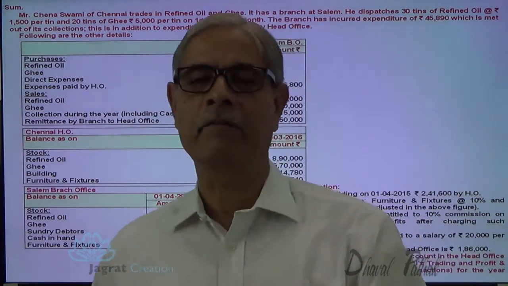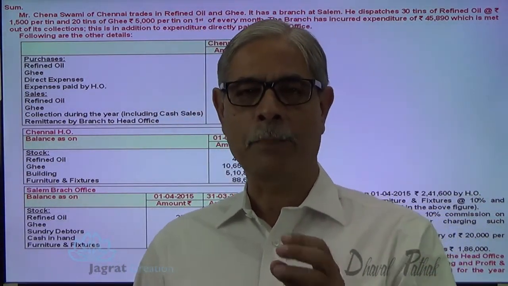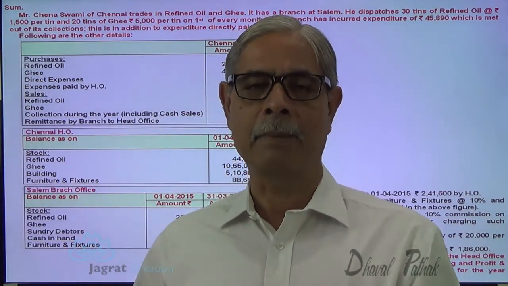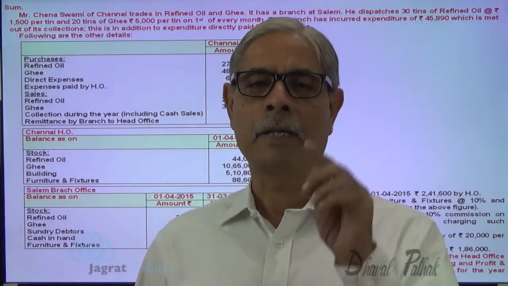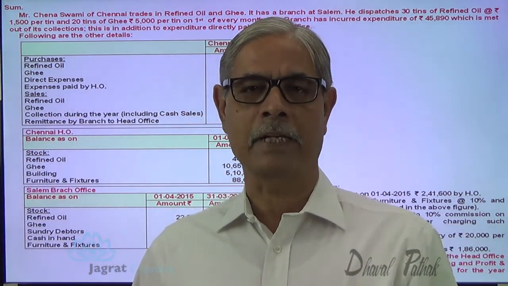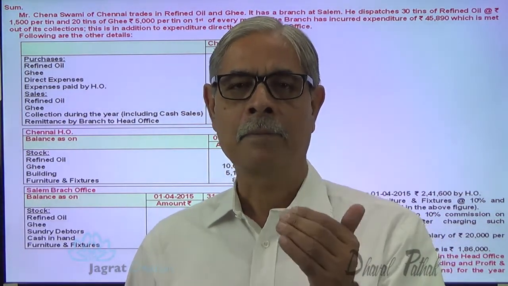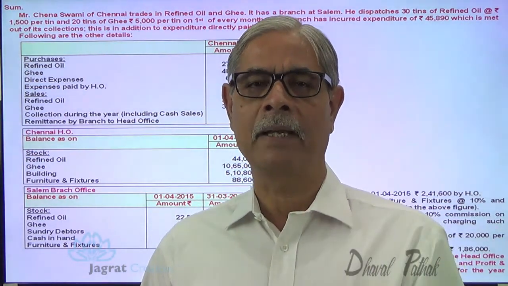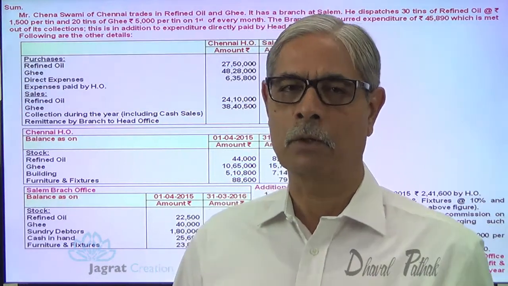So first we are required to find out the profit that has occurred by preparing branch account. That profit will be credited to the profit and loss account of HO, and after finding the profit of the branch, the profit earned by HO also will be worked out.